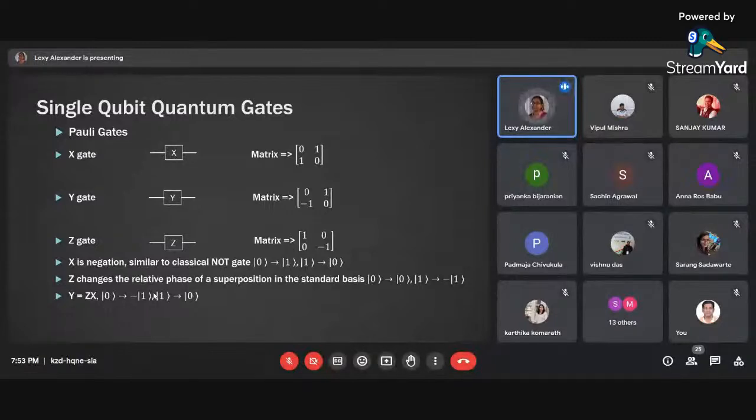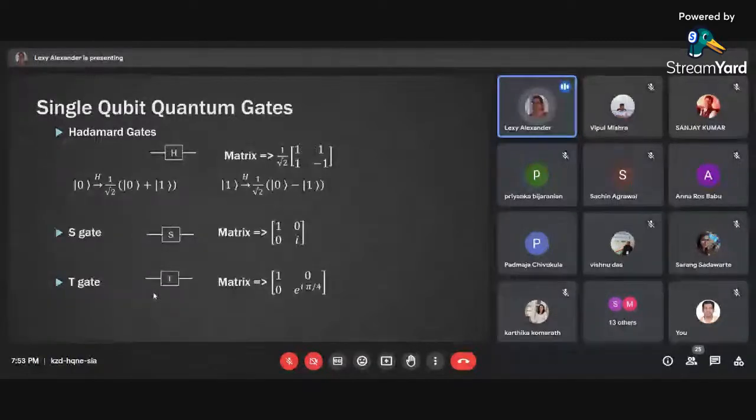Another important single qubit quantum gate is the Hadamard gate. The Hadamard gate is denoted by H. Its matrix is 1 by square root of 2, times 1, 1, 1, minus 1. This is also known as the quantum Fourier transformation. It is the same formula as the Fourier transformation in the classical case, but it operates in a different way in the case of quantum.